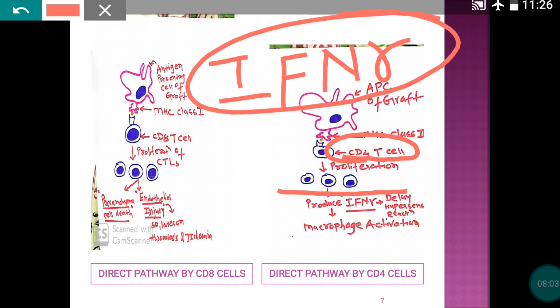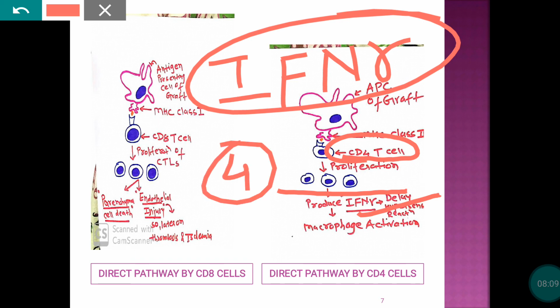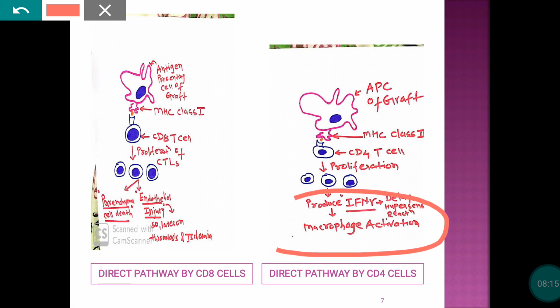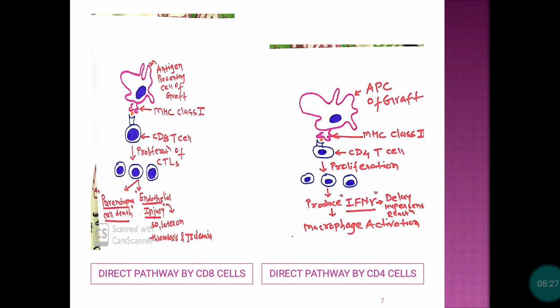Now this interferon gamma can mediate the delayed hypersensitivity reaction, type 4 hypersensitivity reaction, and it can lead to further damage. Additionally, this interferon gamma can stimulate the macrophages so that macrophages get activated and release their granules to induce further damage. So that is the direct pathway activation by the CD4 cell.